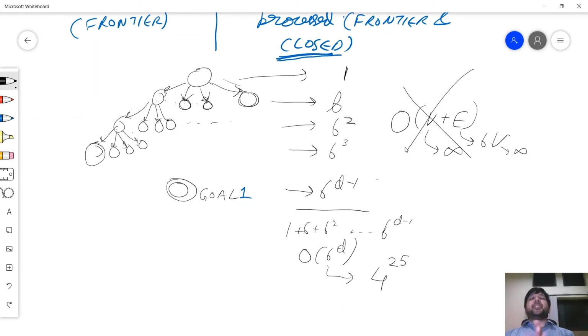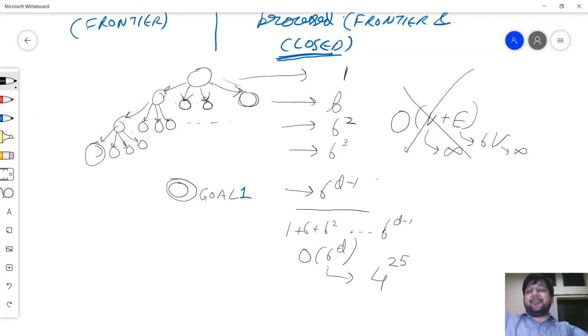In fact, the joke in AI is: how do you solve the problem when you cannot store your graph itself as either an adjacency list or an adjacency matrix? You cannot. Can you do it for a game of chess? No. Could you do it for a humanoid body where you have 25 degrees of freedom?